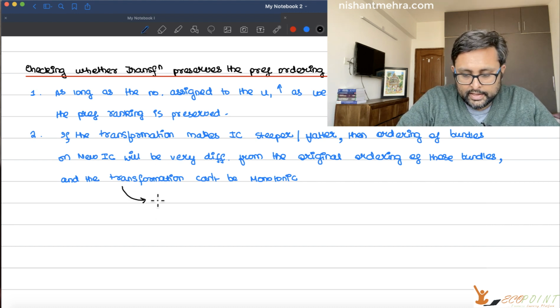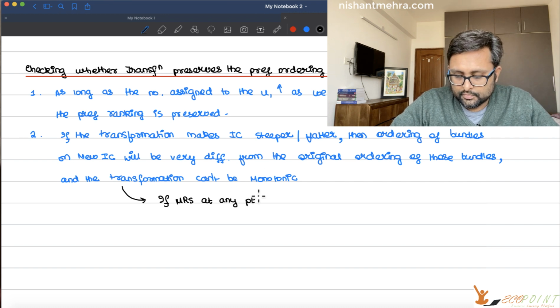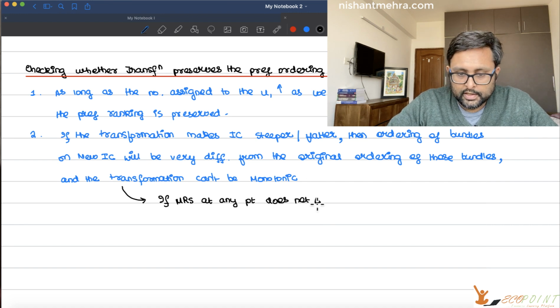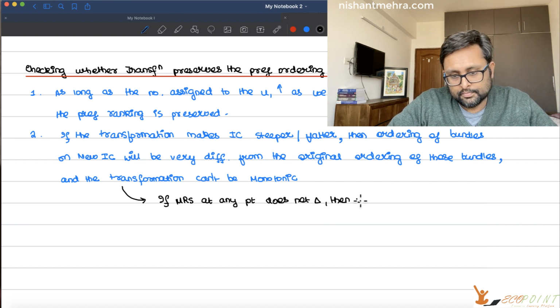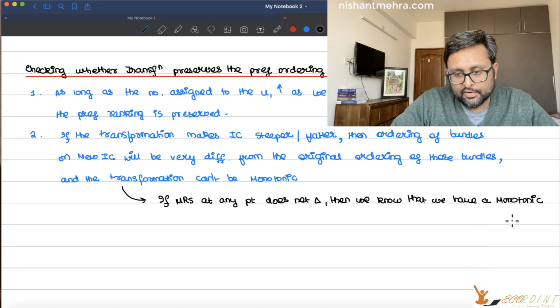That is, if MRS at any point does not change, then we know that we have the monotonic transformation.